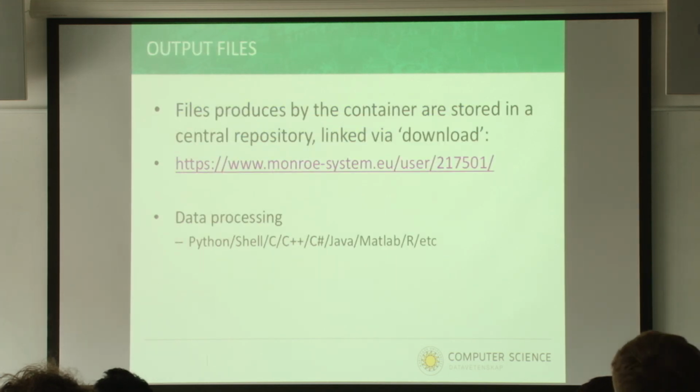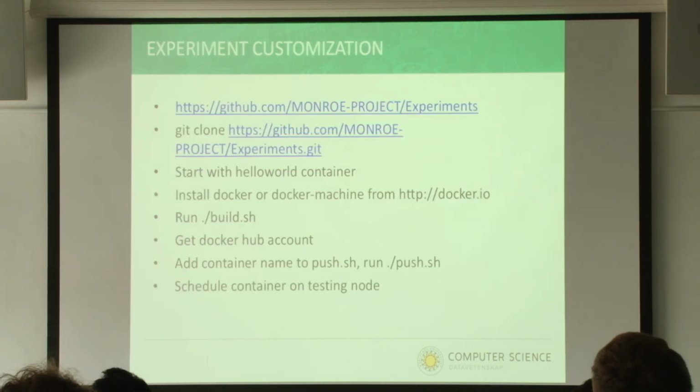So that was basically how you run an experiment as a service. You get the output files, and then you need to process these in some way. And if you want to change some experiment or develop your own, we have all the experiments on our GitHub page.